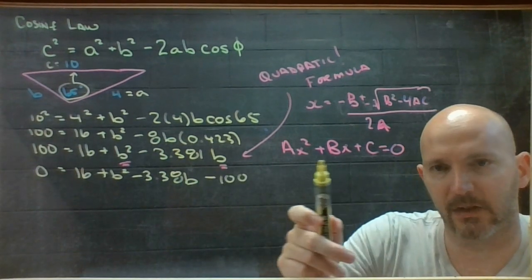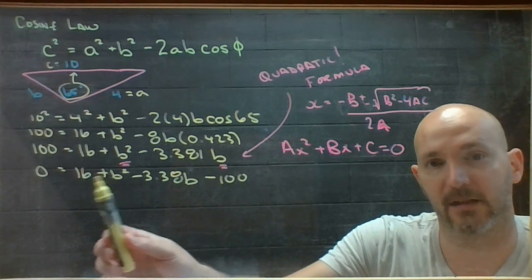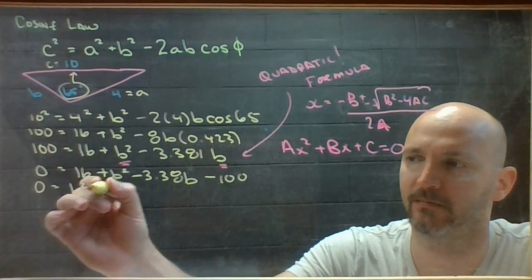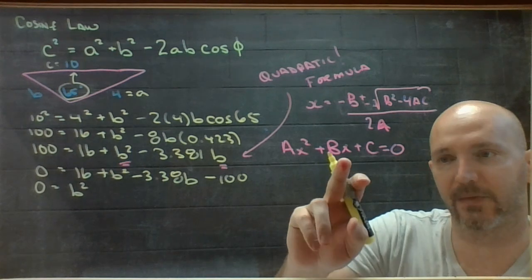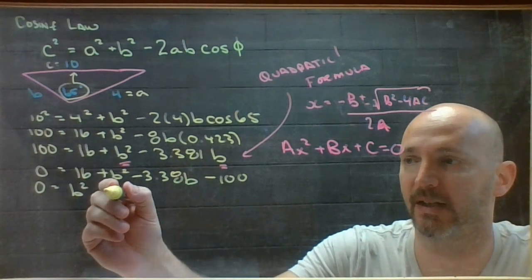Now to get it to look like this, I need to find the variable squared. That's here. I'm going to write it first. And then I need to find the thing with the variable not squared. That's here. Write it second.